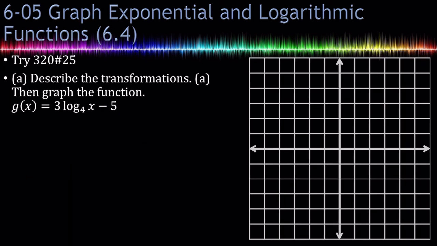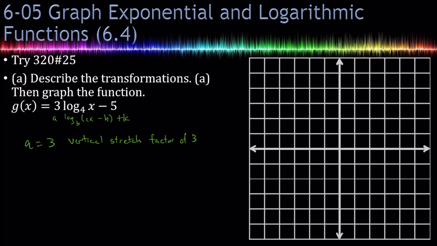Now why don't you try number 25? Pause. All right, so I see we have A. So I see the A is a 3, which means it's a vertical stretch by a factor of 3.